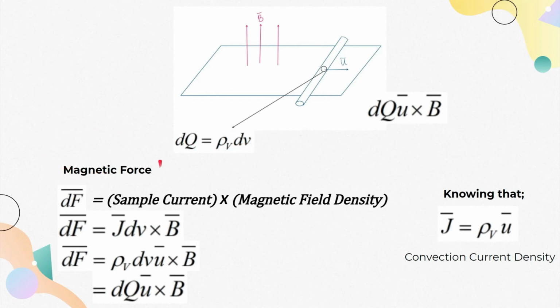Therefore, from the concept of magnetic force, which is dF equals the sample current cross product with the magnetic flux density, our sample current here is the volume current, vector J dv, cross product with vector B. As we know, the convection current density, one of the current equations, is vector J equals rho_v times vector u. The convection current density is then substituted into this equation. Then we get dF equals rho_v dv vector u cross product with vector B. Hence, our magnetic force equals dq vector u cross product with vector B.